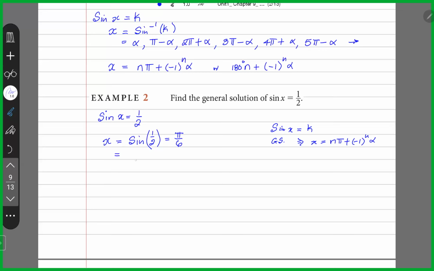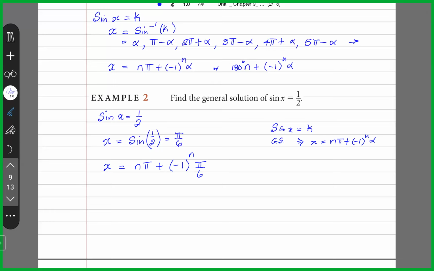All right, so my general solution here is going to be x is equal to n pi plus minus 1 to the power n pi by 6. Now, from this, I could use the general solution to get every single possible answer for sine inverse of a half.